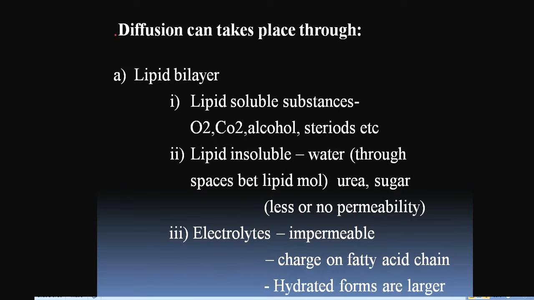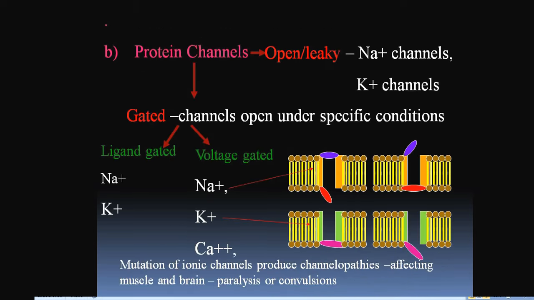Now, simple diffusion can take place through two parts of the cell structure. First is the lipid bilayer, through which lipid soluble substances pass, and also lipid insoluble substances like water and some electrolytes. The other part is protein channels, which are divided into open or leaky, and gated. For open and leaky channels, the best examples are sodium channels and potassium channels.